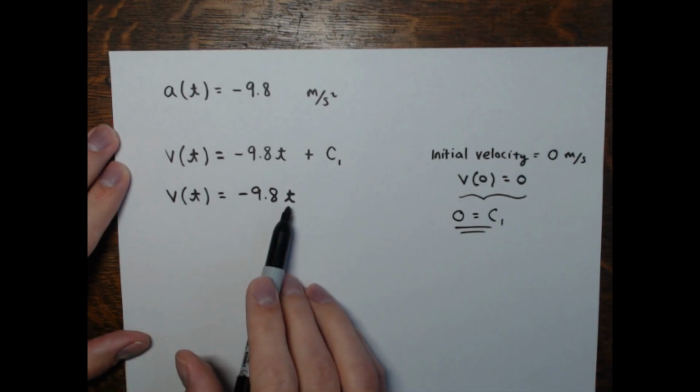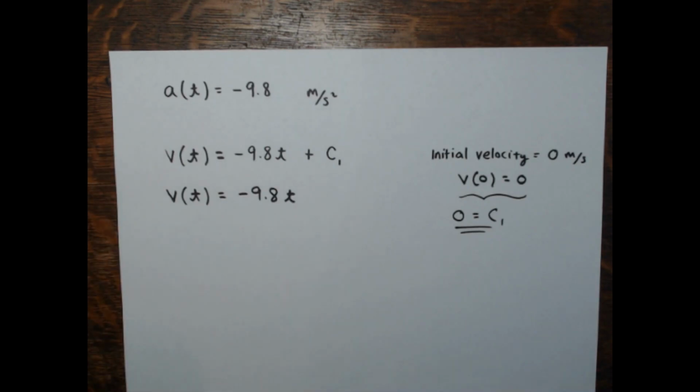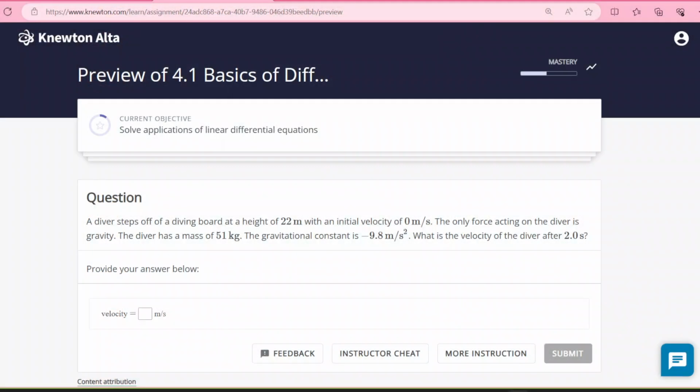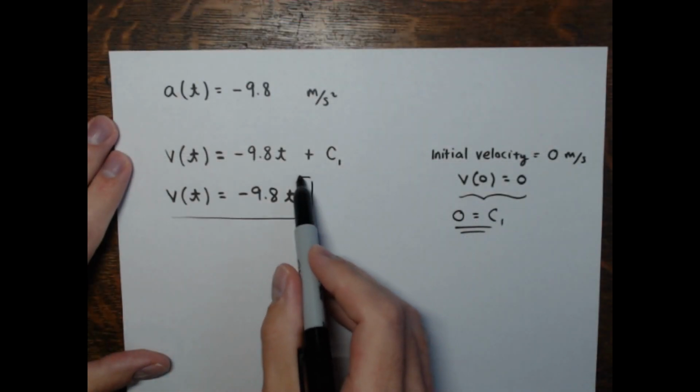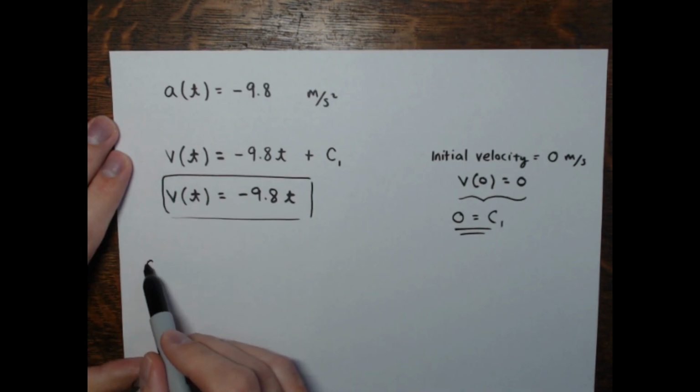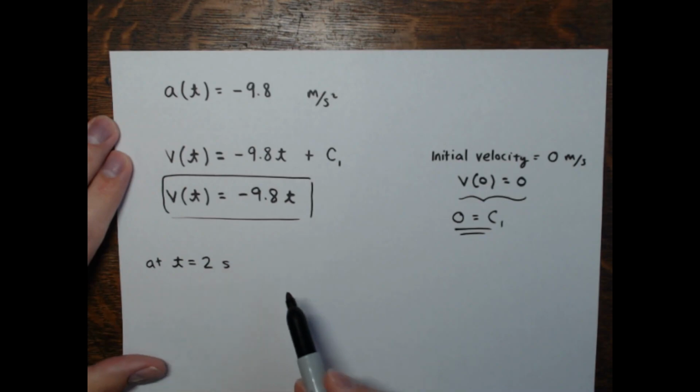And now that I have velocity, I don't actually need to go to position. Looking back at the problem, all they want is what's the velocity of the diver after 2 seconds. So I don't need to find the position function. So there's my velocity at t equals 2 seconds.